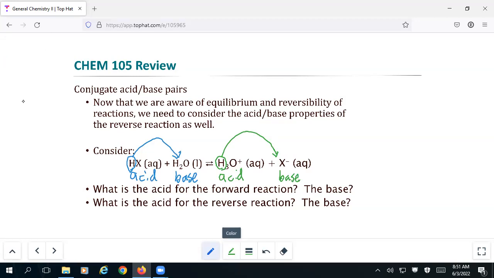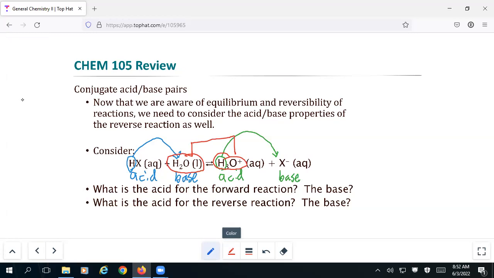What this creates for us is something called a conjugate pair, where I can look and say, oh, hey, wait a second, this is kind of cool. The water and the hydronium ion, these two are cousins.